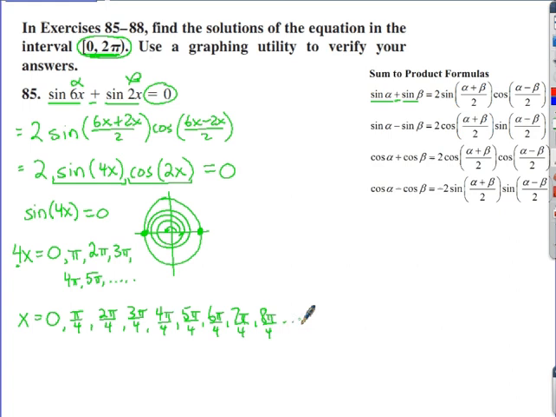Dot, dot, dot. Now, we actually have to go a long ways out there because think about our domain. We have to go from 0 to 2 pi. So the x values we care about are actually all of these ones. 0, we need. Pi over 4, we need. It's in the domain. This next one simplifies to pi over 2. That's in the domain. 3 pi over 4, that's in the domain.